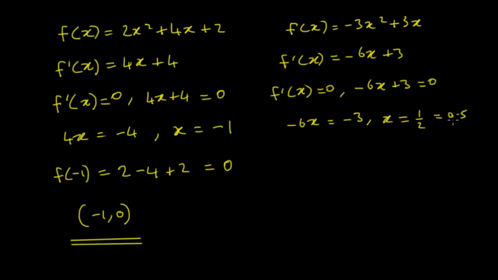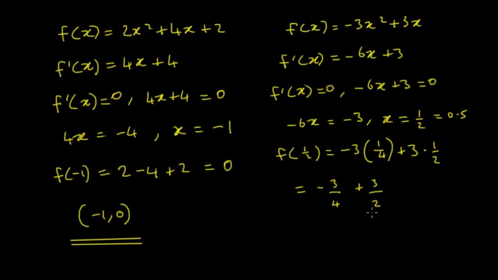So whenever x is 0.5, what's the y value going to be? We're going to put this back into this equation up the top. So f of a half is going to equal minus 3 times a half squared, which is a half times a half is a quarter, plus 3 times a half. So that's going to equal minus 3 upon 4 plus 3 upon 2.